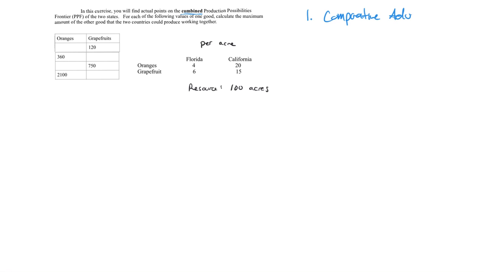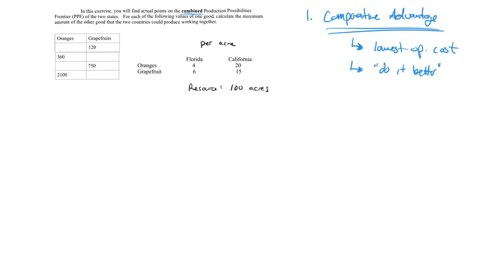Comparative advantage. Now remember, this is a review: lowest opportunity cost, right? Usually we say lower, since we're comparing 2 people, so it's the lower opportunity cost between the 2, in this case, states, Florida and California, because the lower opportunity cost mainly says you can do it better, right?